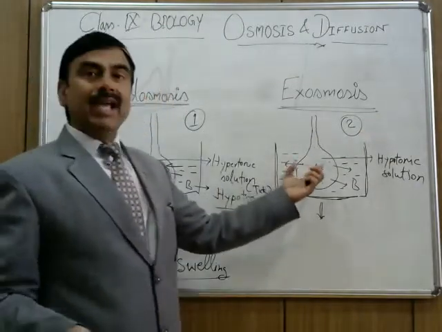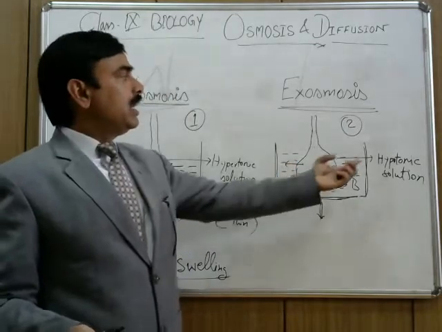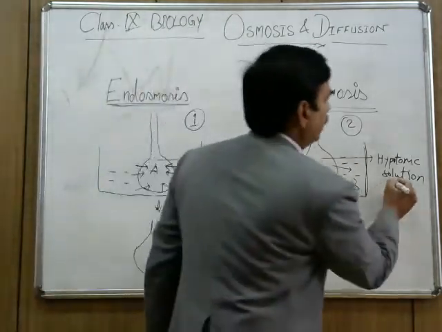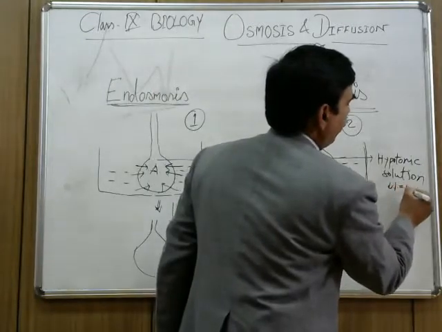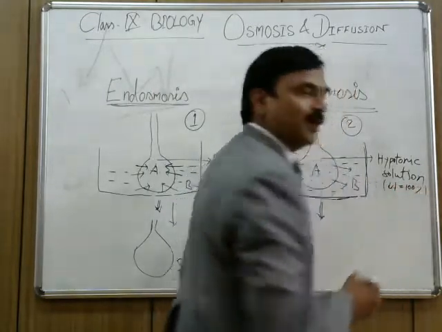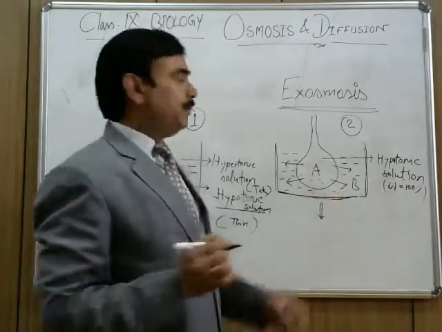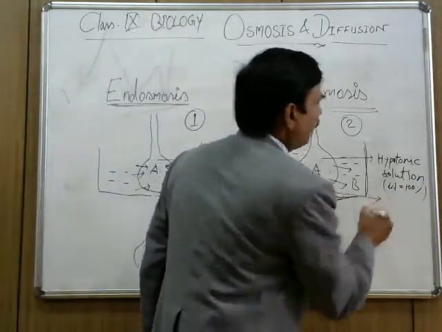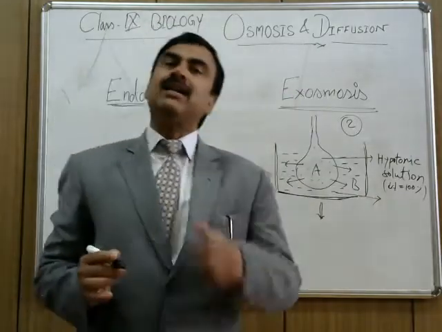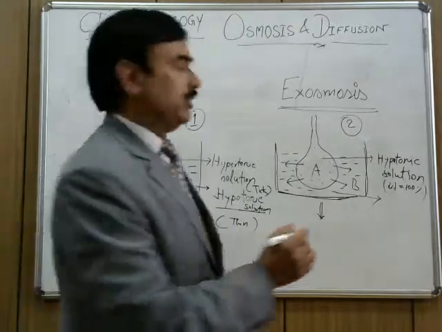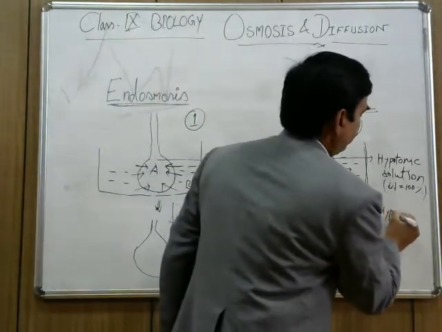Because A tonicity will be hypotonic, means the water will be 100%. And here the water will be in the B. What is the nature of B? Nature of B is here hypertonic.